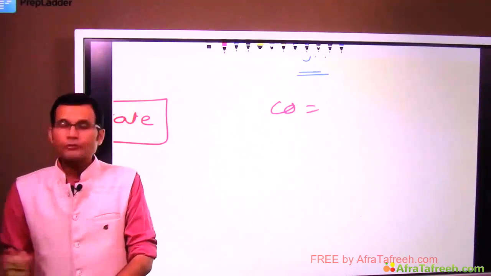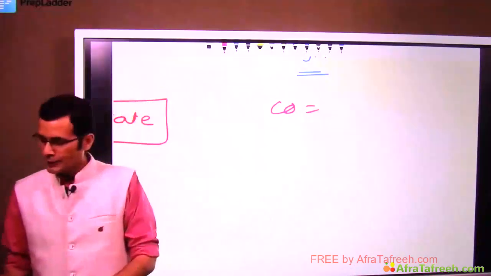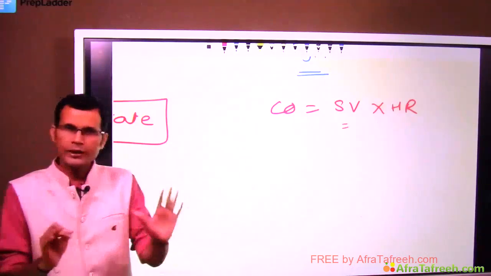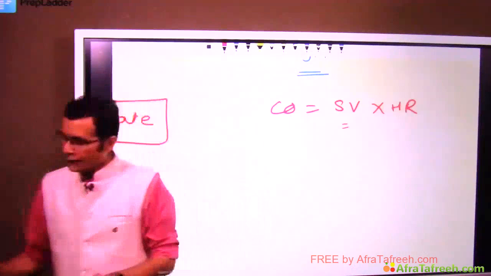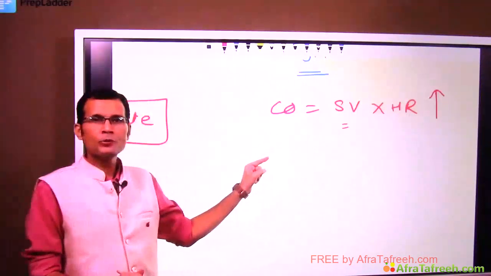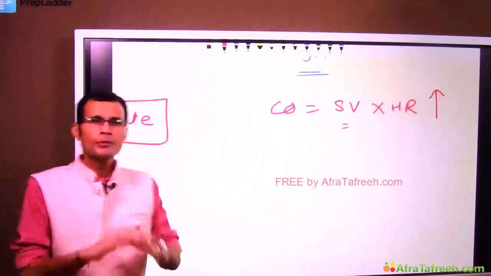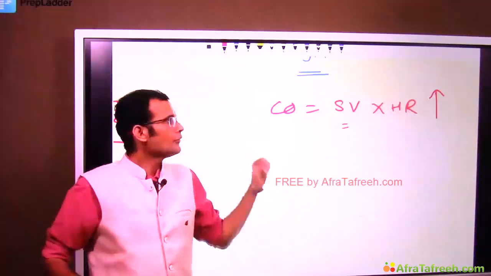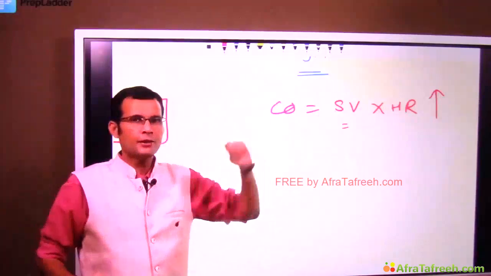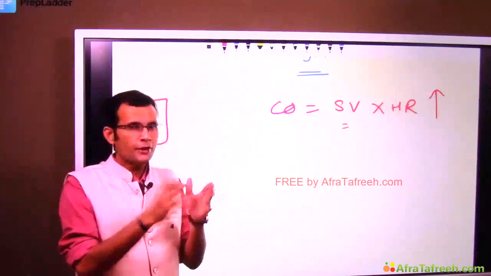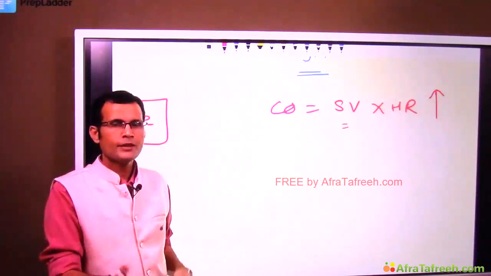Look at the background of this. Cardiac output is a product of stroke volume and heart rate, right? Now, if the heart rate increases, you would expect the cardiac output to increase, correct? But no, there is a catch in this. If the heart rate goes on increasing, then the duration of each cardiac cycle goes on decreasing, isn't it?